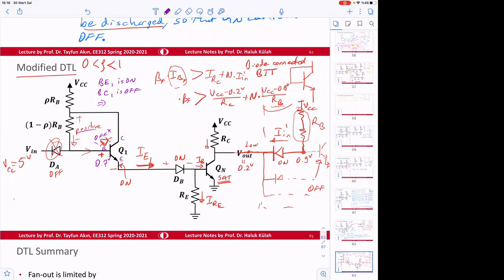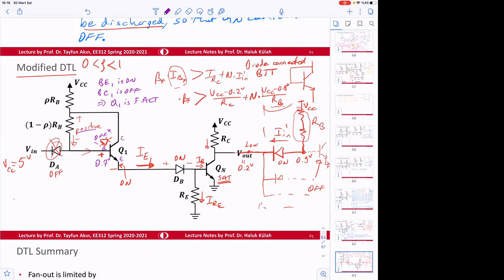Therefore, Q1 is in forward active. So why are we doing all these? The purpose here is to find I base and then say that the I base is larger.